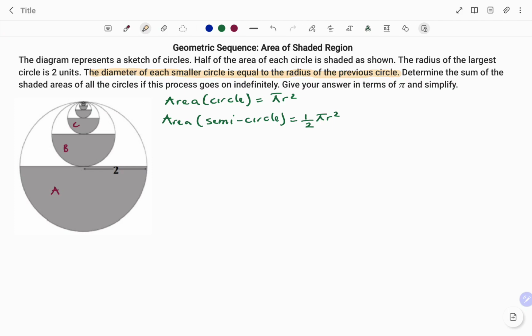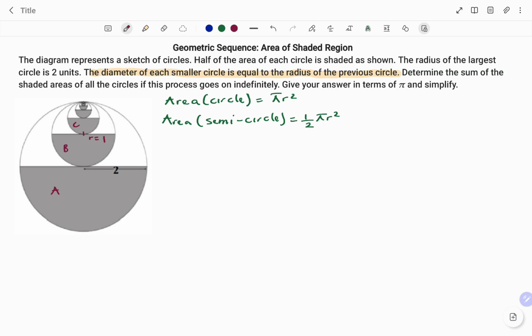So what that means is the diameter of each smaller circle, the next smaller circle after A, is B. So therefore the diameter of B is the radius of the previous circle. So therefore the diameter of B will be 2. Therefore the radius, which is half of the diameter, r for B, will be 1.